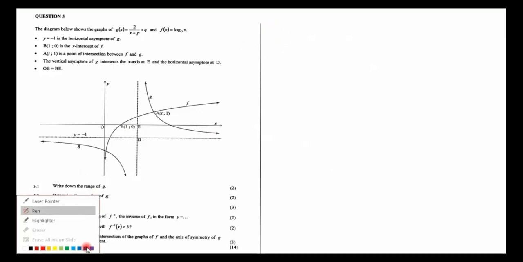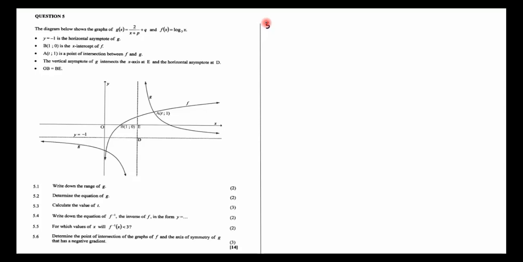In 5.6 we are told that they want us to find the point of intersection of f and the axis of symmetry of g that has a negative gradient. Firstly, we know what f is: y equals log base 3 of x.